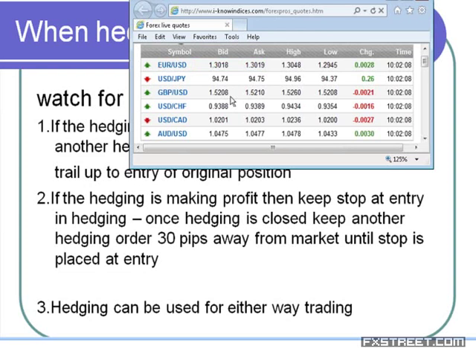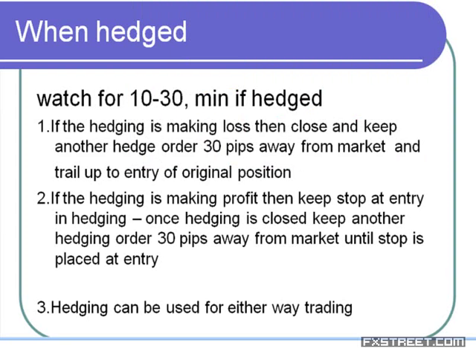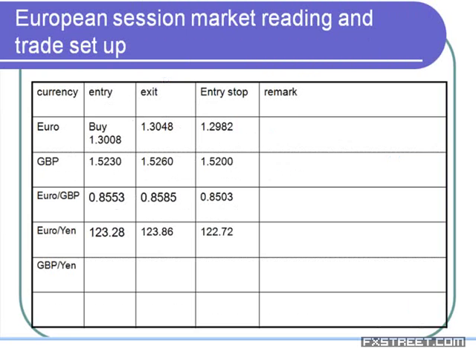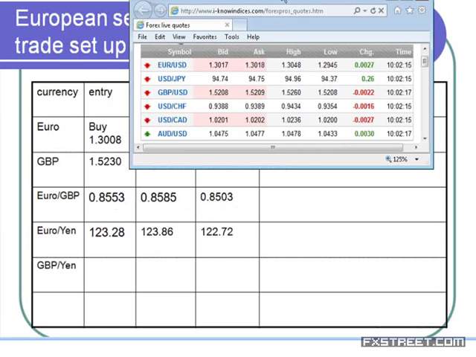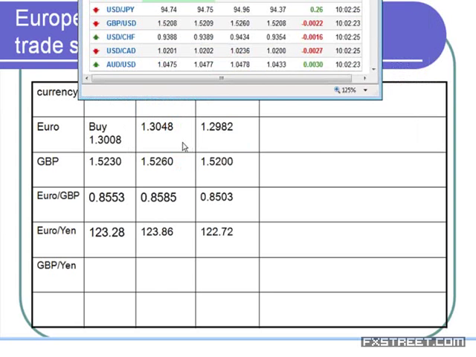And during that time, I'll explain the various other type of moves and how exactly the hedging can be used effectively to do the trading. So these are all the current positions at the moment taken, and I'll explain to you by 11 GMT what could happen to these trades.